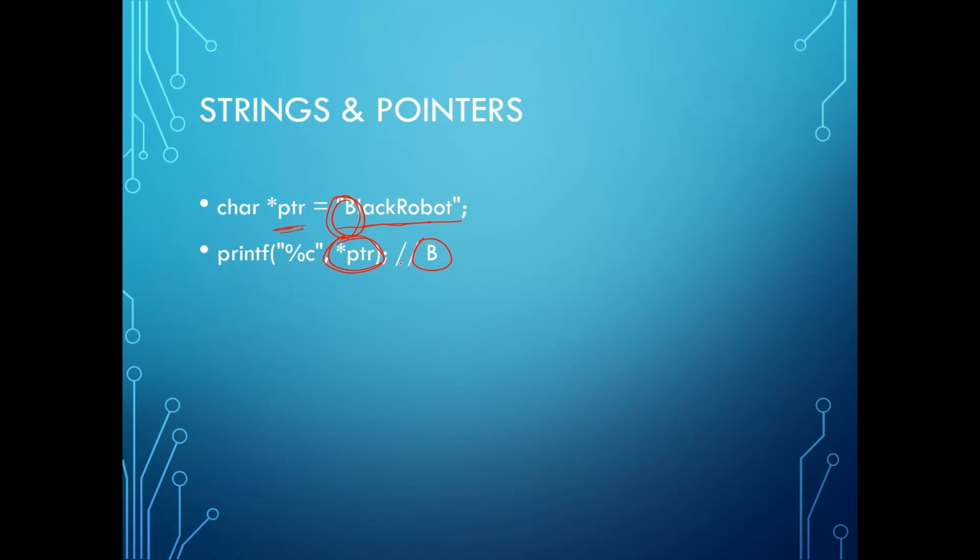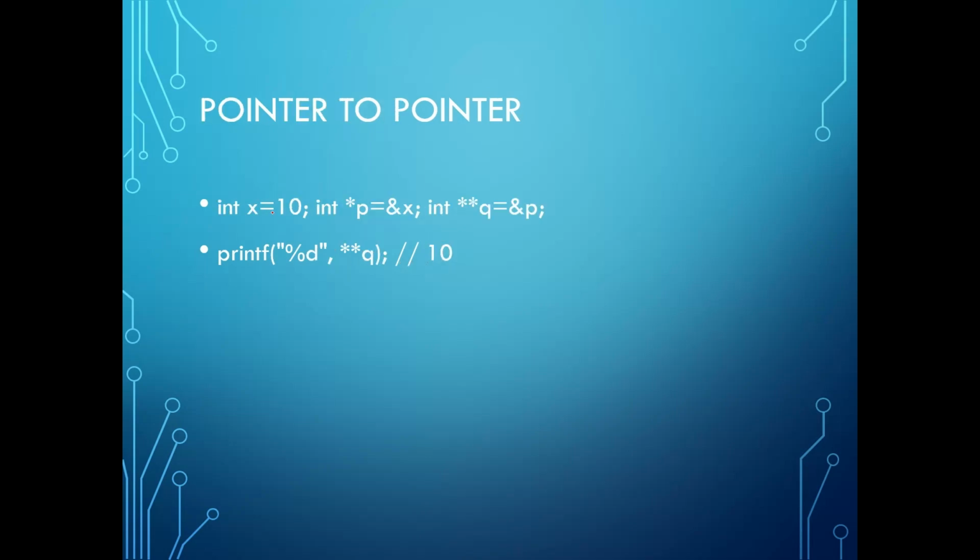Then pointer to pointer, how do you relate? Suppose you have x is equal to 10. The address of x is stored in p, so value at address p. So 10 is stored here.